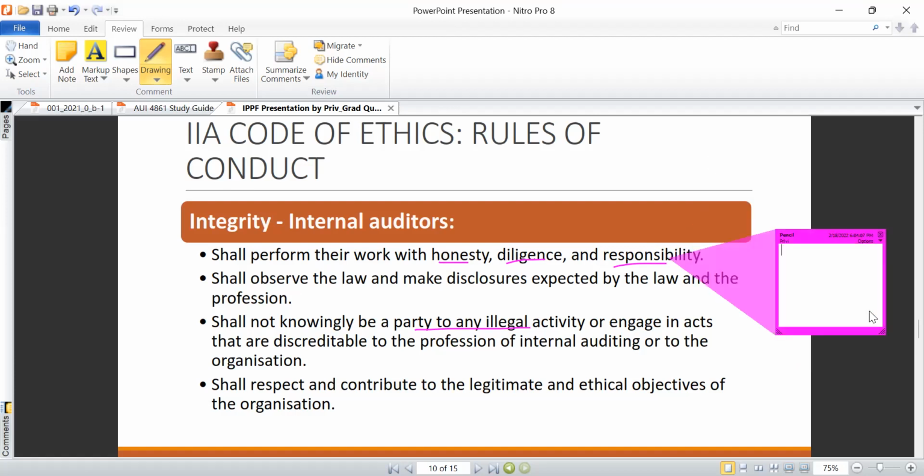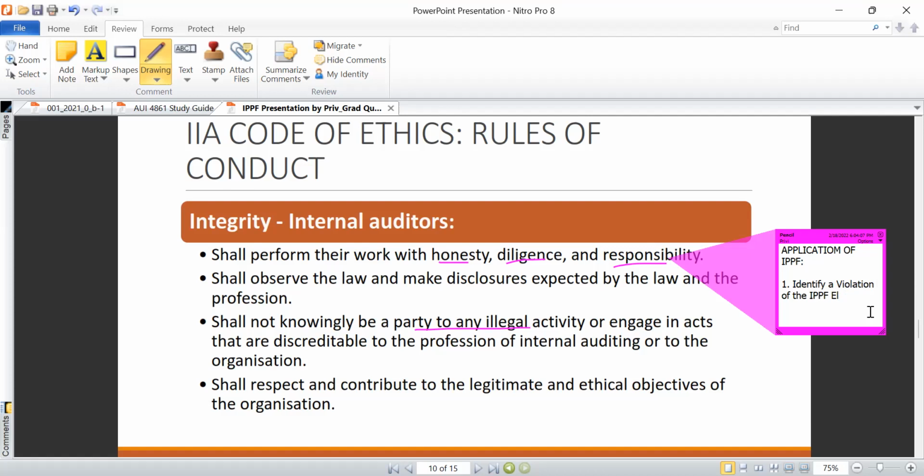So when they ask you on the application of IPPF, and this applies not only to the code of ethics that I'm showing you, but to almost everything in the IPPF, number 1, they would ask you to identify a violation of the IPPF element, or rather IPPF framework.